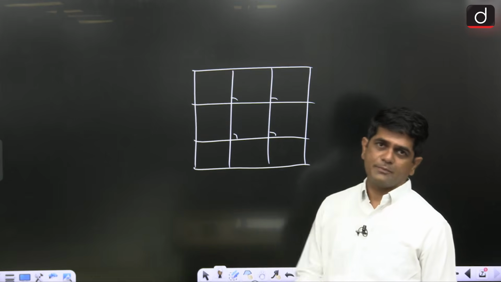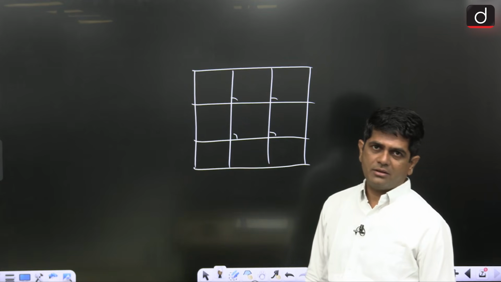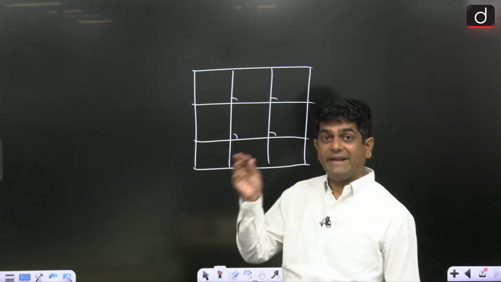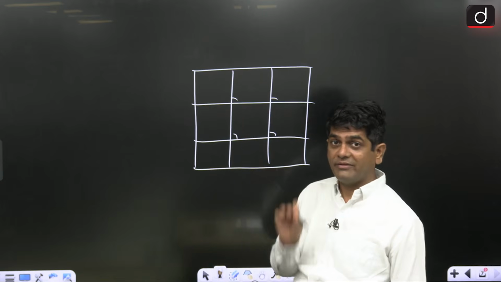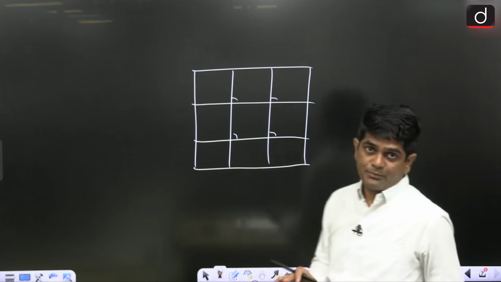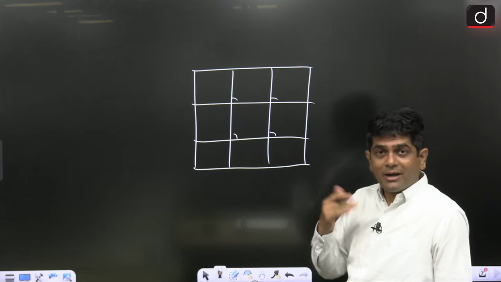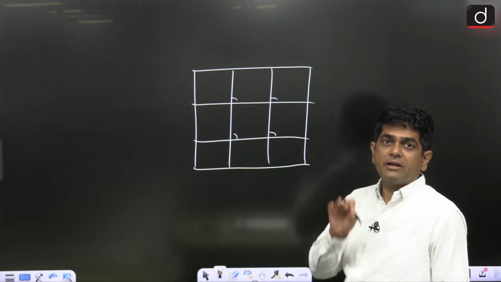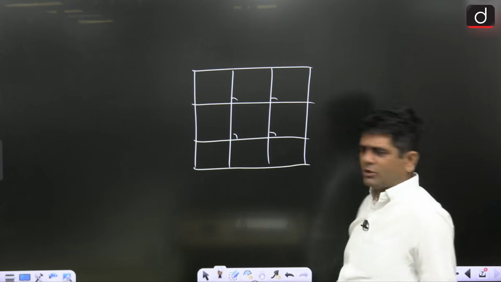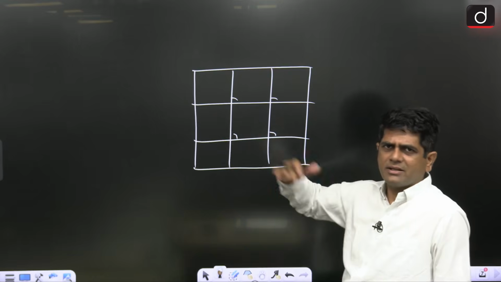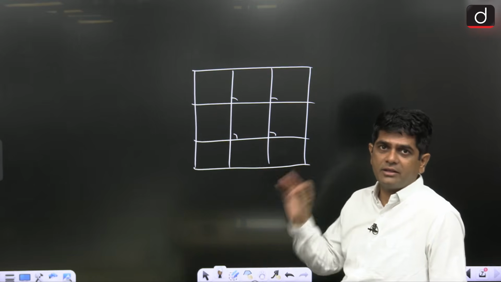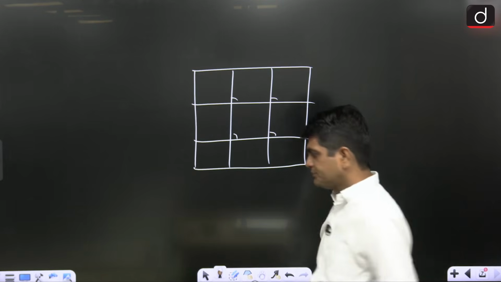But remember, the Harappan towns were not perfectly a grid system. Even in Mohenjo-daro, there are areas that did not properly follow the grid pattern. On average, yes, they followed a grid pattern, but it wasn't perfect. Clear?